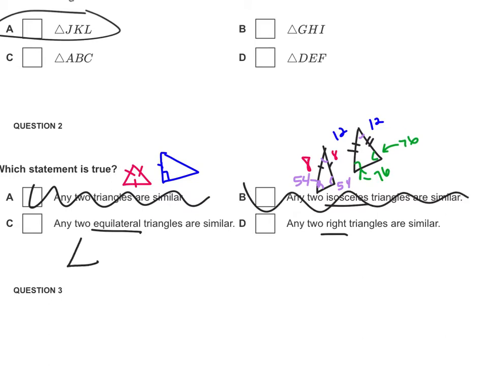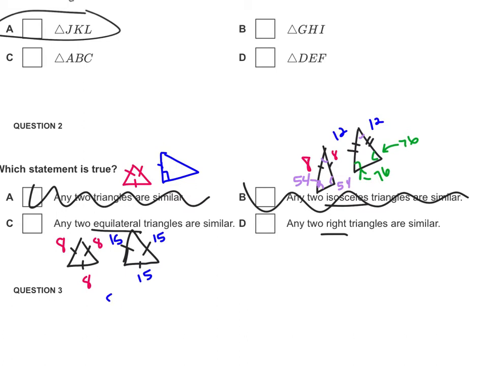Option C, we have equilateral triangles. We know equilateral means all of these side lengths are congruent. So if we have two equilateral triangles, it doesn't really matter how big or small they are, because we know that all three sides within the triangle themselves are congruent.